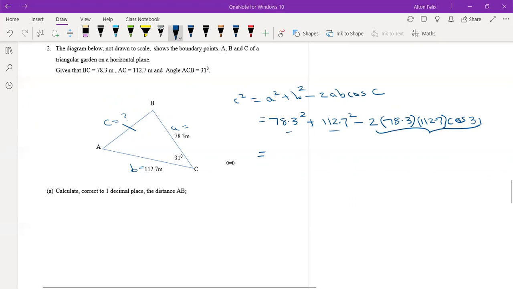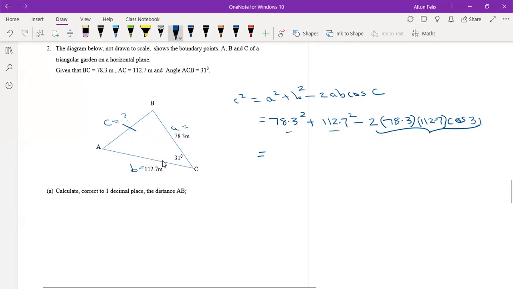Right, multiply by 112.7, multiply by 78.3, multiply by 2. Final answer, 15,127. Let's call it 15,128.